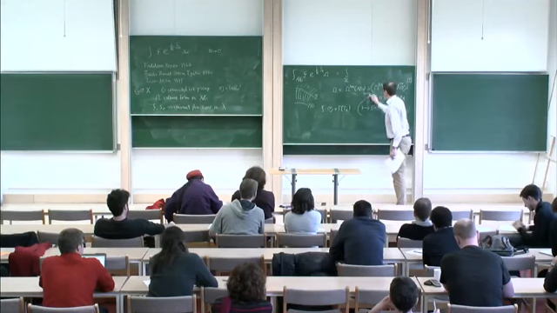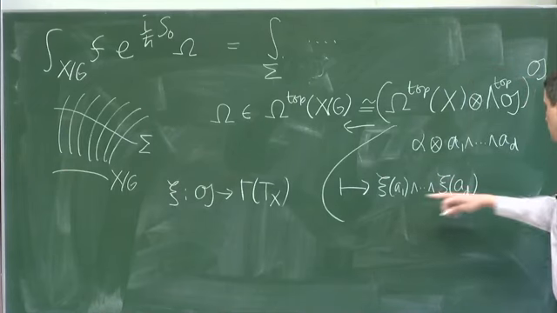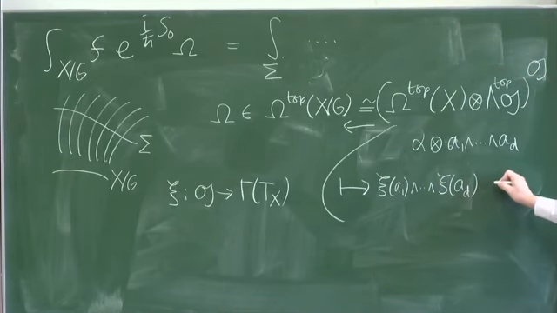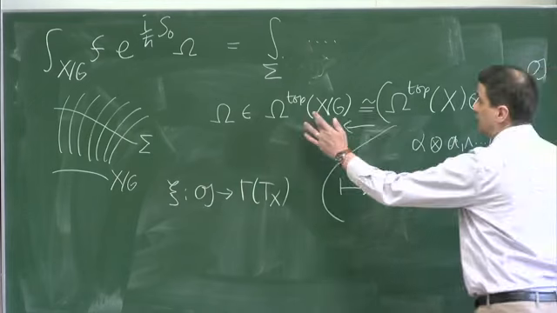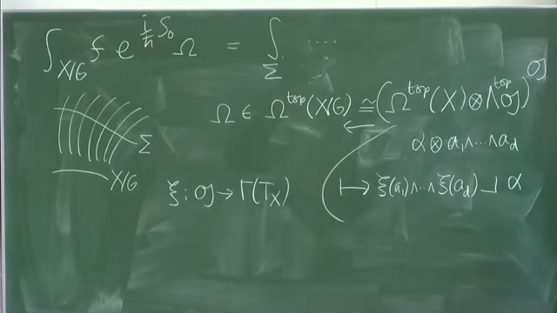So this map here is given by the contraction, or the interior multiplication, of alpha. If you do that, you will get a basic form on X, which is the same as a form on the quotient.